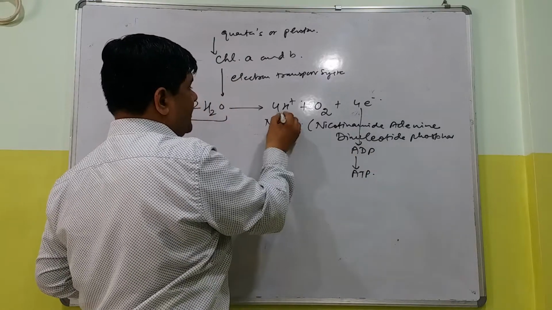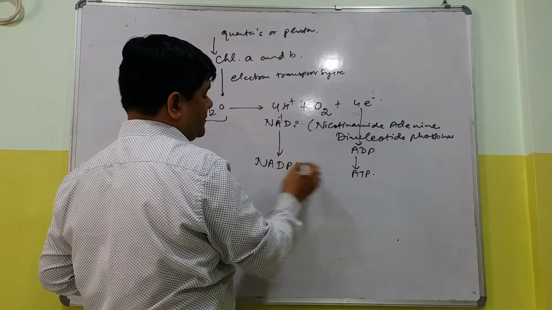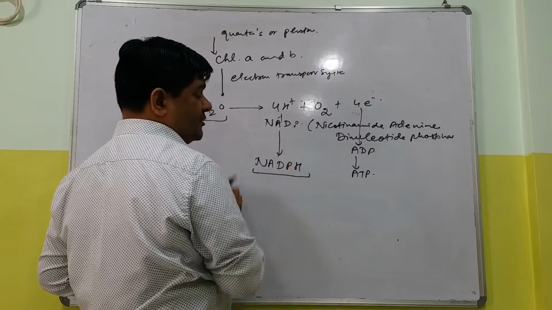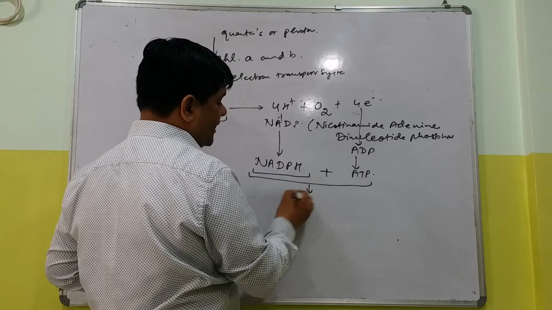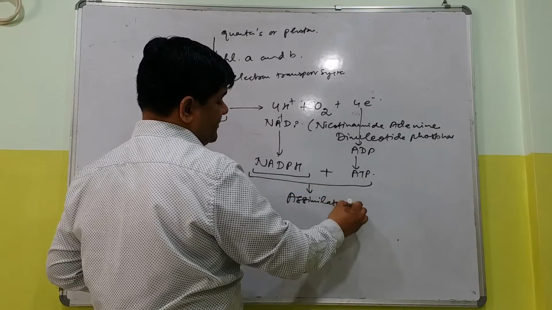So protons combine with NADP to form NADPH, nicotinamide adenine dinucleotide hydrogen phosphate. NADPH and ATP, this is called assimilatory power.